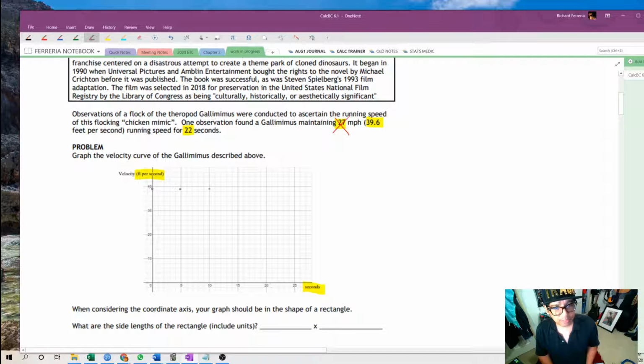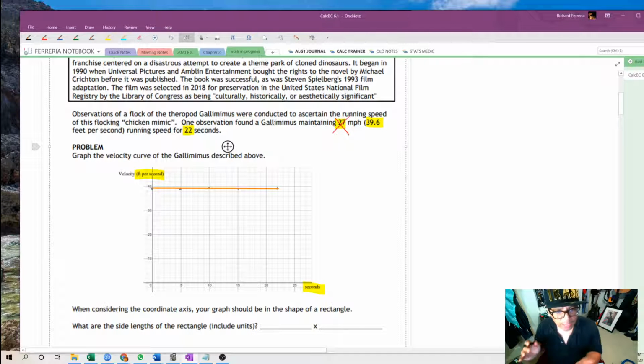T equals 10, still 39.6. 15, still 39.6. All the way to 22, still 39.6. So when we connect that, what does this velocity graph look like? Yeah, that should look like a horizontal line that stops abruptly at t equals 22.